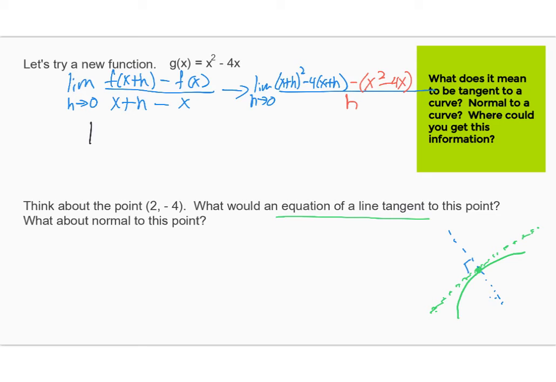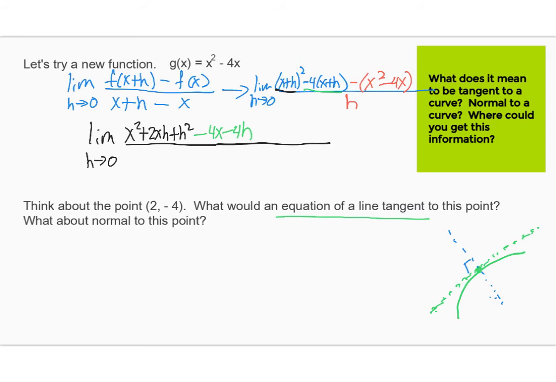When we do that, I'm going to have the limit as h approaches 0. (x + h) squared is going to be x squared plus 2xh plus h squared, minus 4(x + h). That's going to be minus 4x minus 4h.